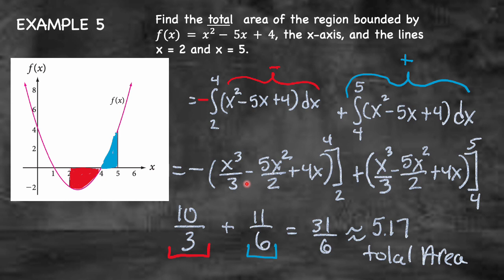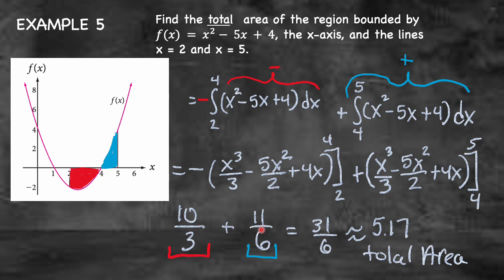Now when I evaluate it, because I stuck this negative in front, when I evaluate from 2 to 4, I get 10/3. If I didn't put that negative in there, this would come out to a negative 2/3, and I'd end up finding the net area. Now, when I evaluate the integral from 4 to 5, I get 11 over 6.